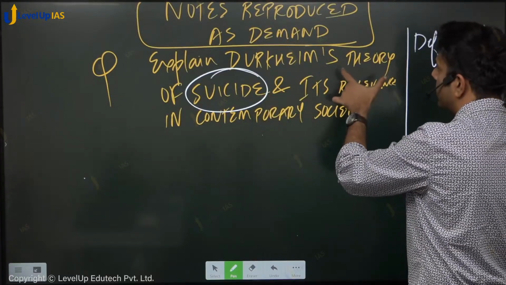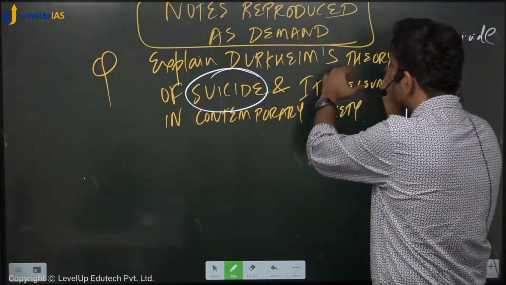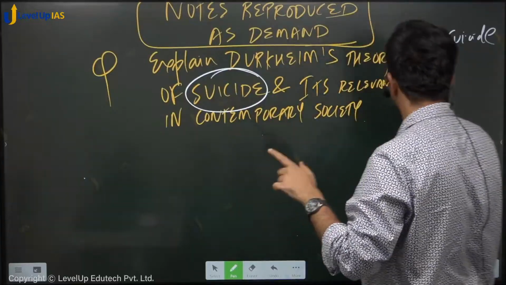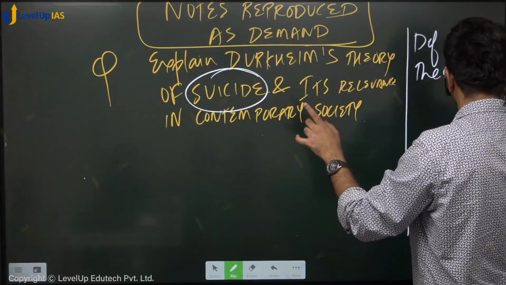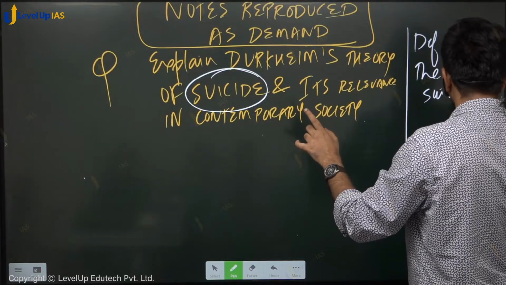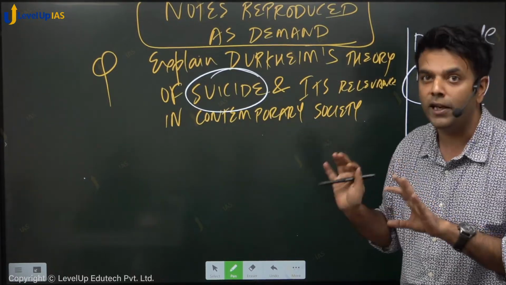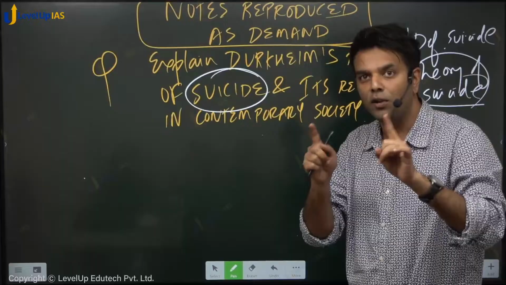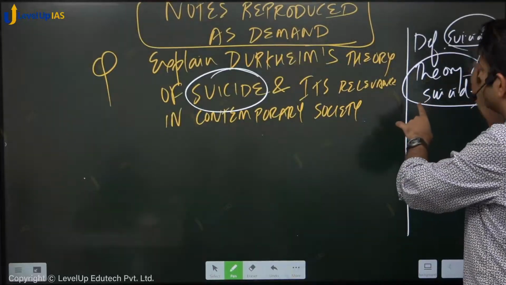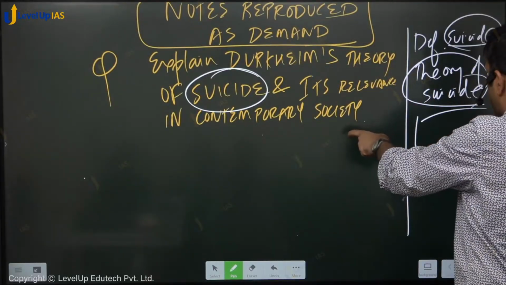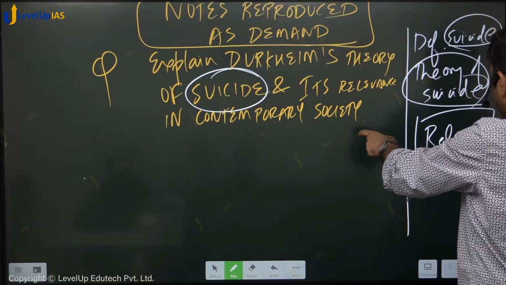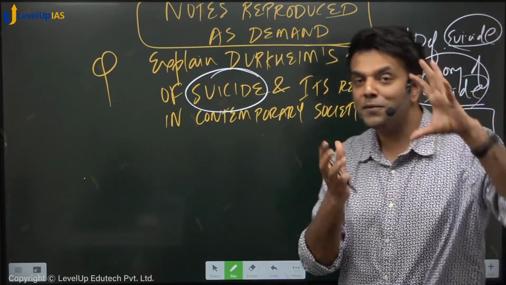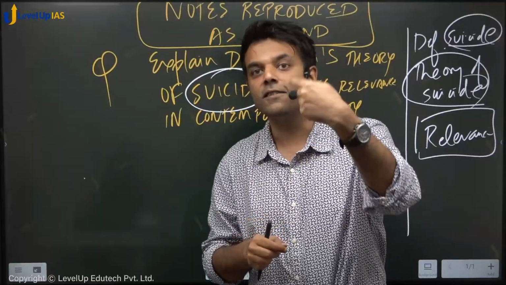And then, without taking theory of suicide for granted, write theory of suicide explicitly. And Durkheim's theory of suicide only, not our own theory. Durkheim's theory of suicide only you must write after defining suicide, and then comes the relevance part with a subheading. This is the bare minimum structure that examiner expects.